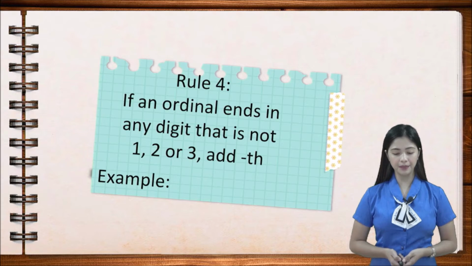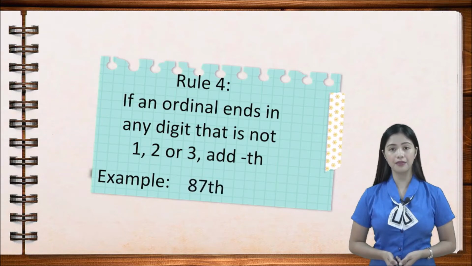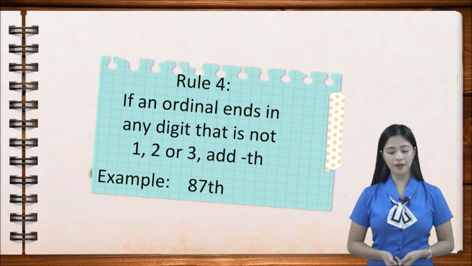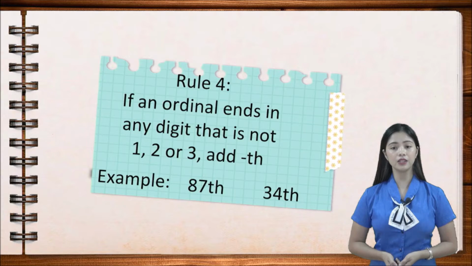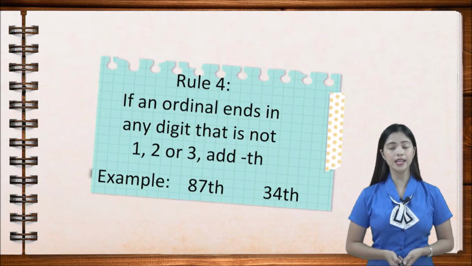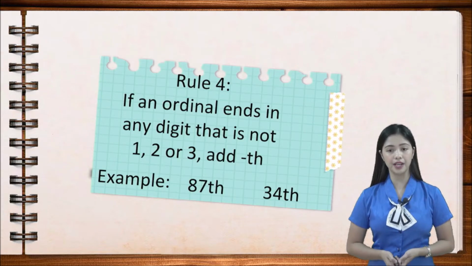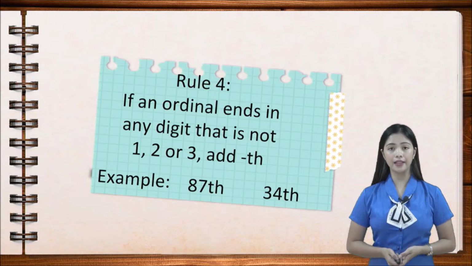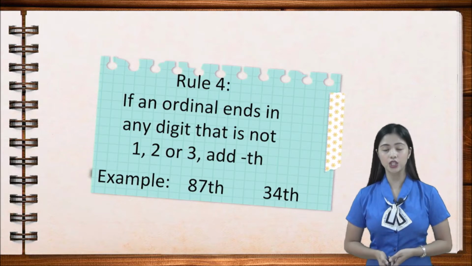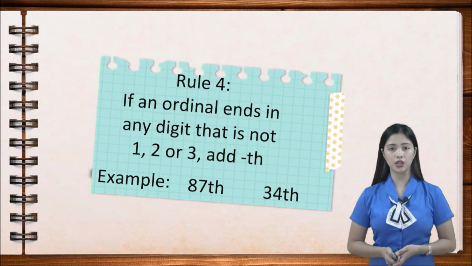For example, we have 87th and 34th. They end with 7 and 4, and then we add the letters TH.